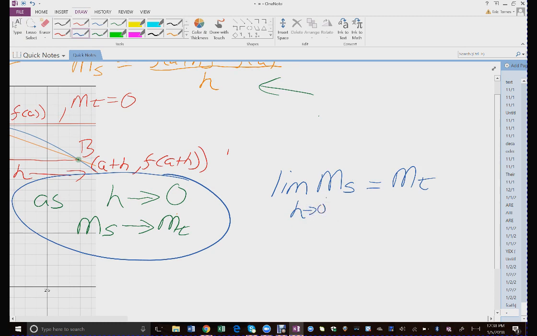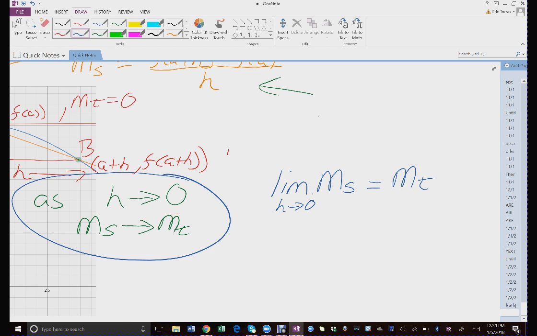Okay, and just to not make it ambiguous, let me make this smaller. This is in subscript. So the limit of the slope of the secant line is the slope of the tangent line as h goes to 0.